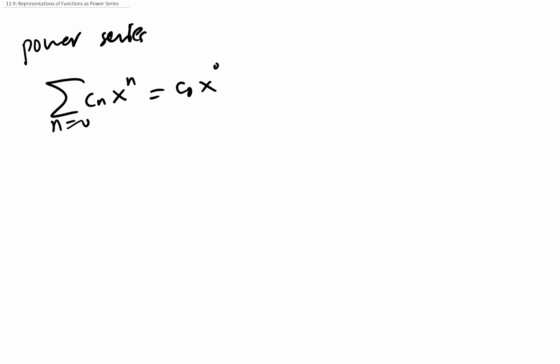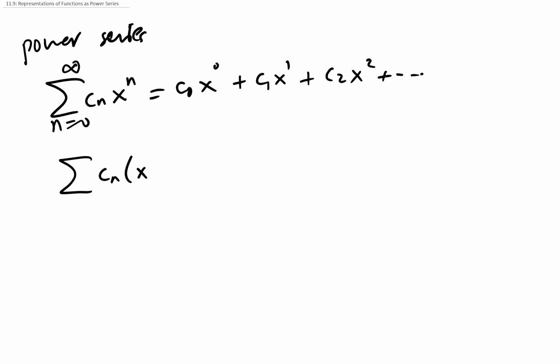From the previous section, a power series is a series written in the form the sum of Cn x^n, which is C0 x^0 plus C1 x^1, C2 x^2, all the way, where n runs from 0 to infinity. And in general, we can write it as Cn (x minus a)^n.